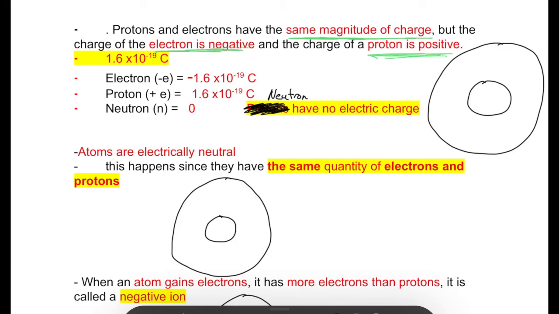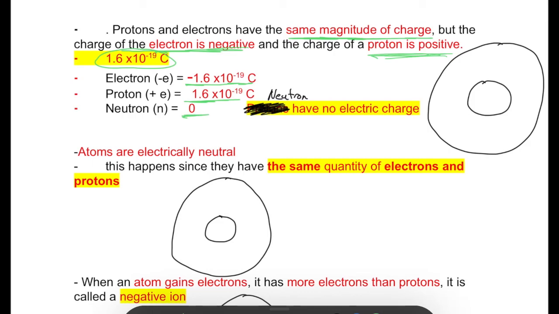And see over here, positive and negative. But the magnitude, the number, the quantity of the charge is exactly the same. That is 1.6 times 10 to the negative 19. Now, the charge of the electron is negative 1.6 and the charge of the proton is 1.6. Remember, times 10 to the negative 19.